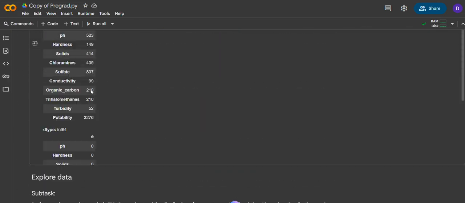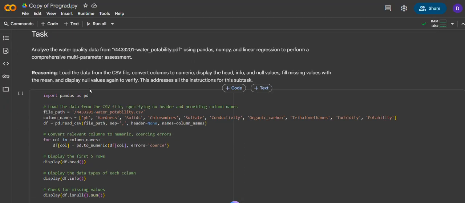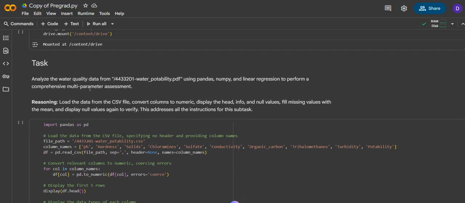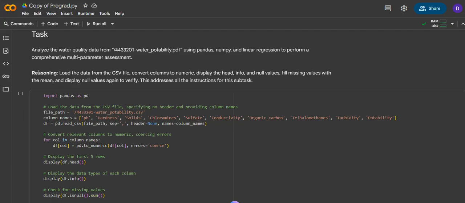Here's the first thing which I have done. I have uploaded the file, which is named the water potability file, and here I am performing linear regression and NumPy on that file, which is later converted to an XLS or CSV file.